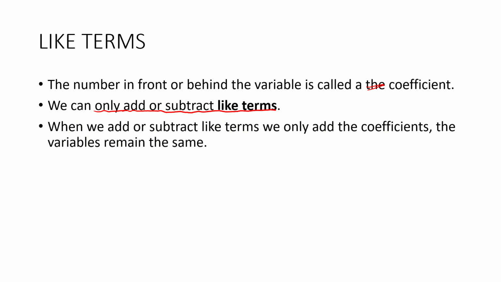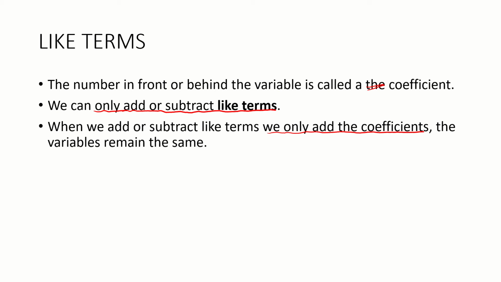When we add or subtract like terms, we only add or subtract the coefficients, and the variables remain the same. When we add like terms, we just add the coefficients and the variables remain the same.